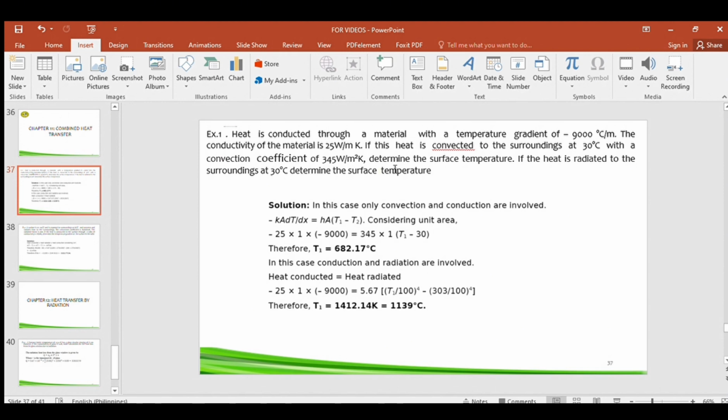So to solve this one, we need to use this equation, and in this case, only convection and conduction are involved.